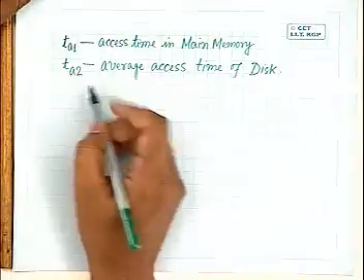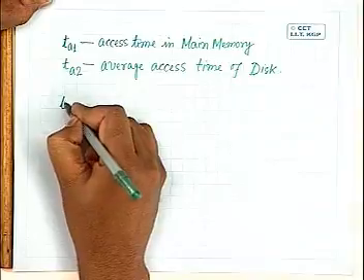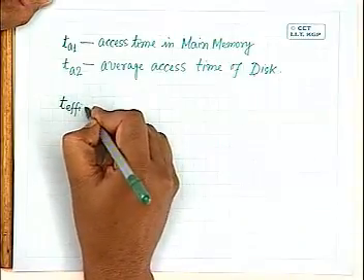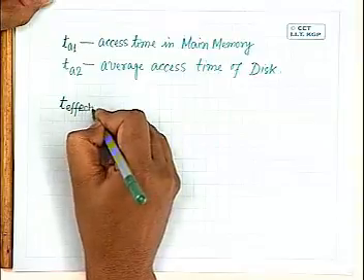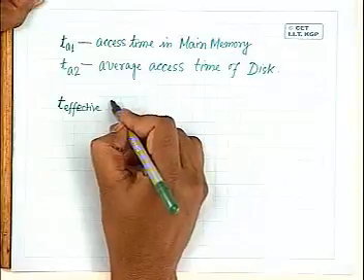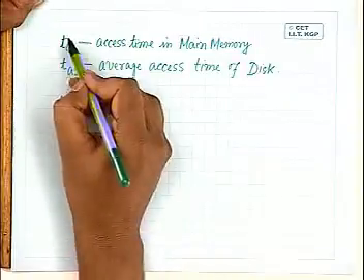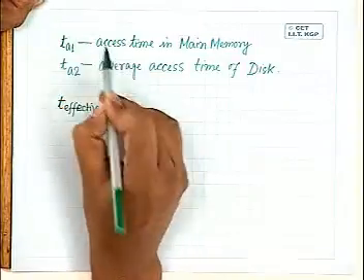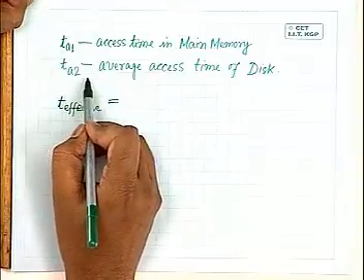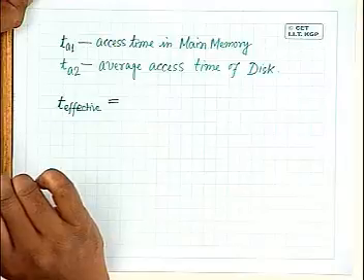Okay. Then the effective access time, whenever the CPU tries to read some data or an instruction from the main memory, will be given by the following. Whenever there is a hit, the data is available in the main memory. Whenever there is a miss, then the data has to be brought from the secondary storage into the main memory. Okay.